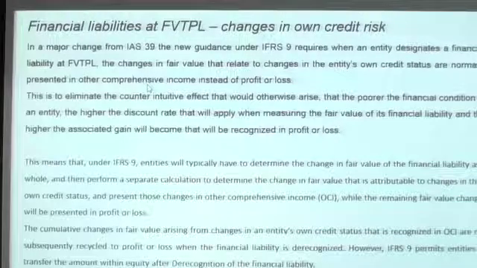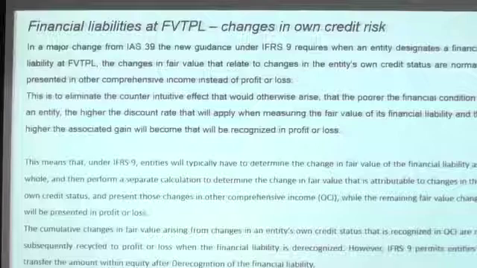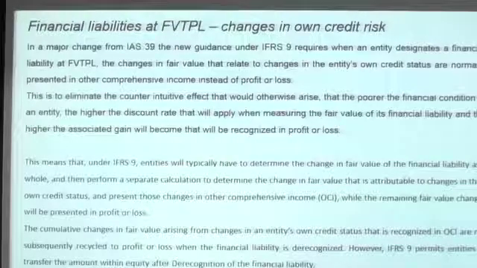The purpose is to enhance comparability. Is that clear? The additional impact due to own credit risk will be located in a separate room. It is the OCI room, not the P&L room. Then you can easily compare both A and B companies.